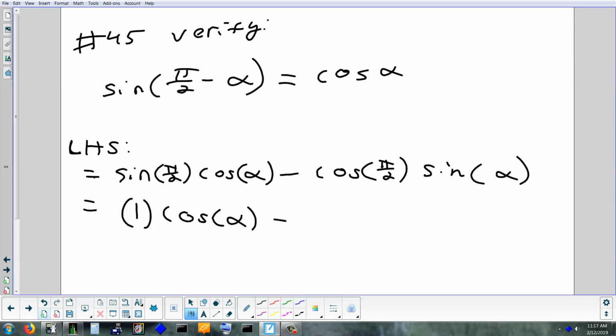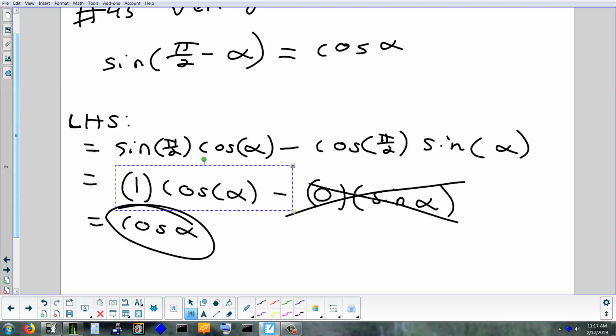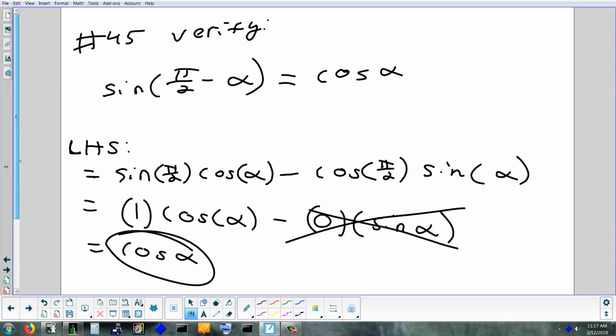Yep, 0. Usually one of them comes out to a positive or negative 1, the other one comes out to 0. You can just cross out the one that came out to 0. That's gone. And hopefully when you work out what's left, you get what they told you to get, or something's wrong. 1 times cosine is cosine, and that's exactly what I was supposed to get. So that's number 45.